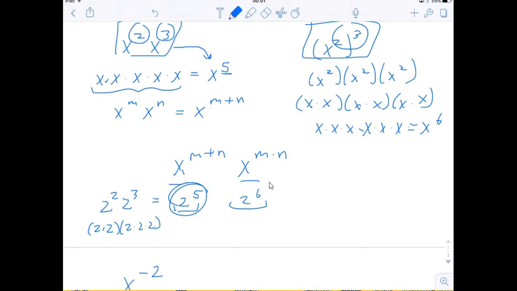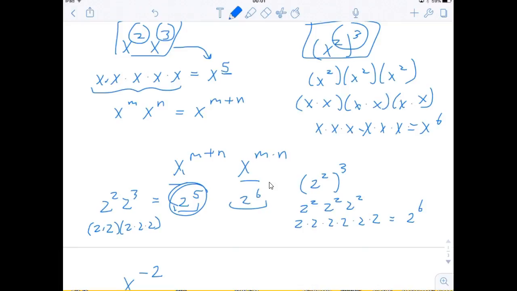And then for 2 squared cubed, I can figure out whether this is 2 to the 5th or 2 to the 6th by expanding this out. So 2 squared cubed is equal to 2 squared times 2 squared times 2 squared, which is equal to 2 times 2 times 2 times 2 times 2 times 2, which is equal to 2 times itself 6 times, which is 2 to the 6th.